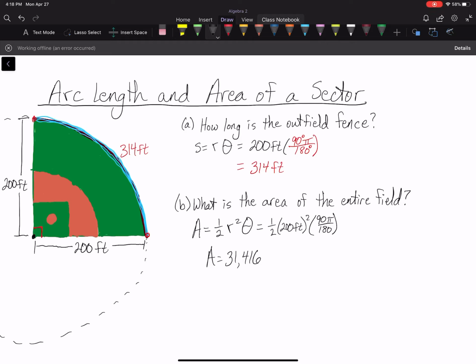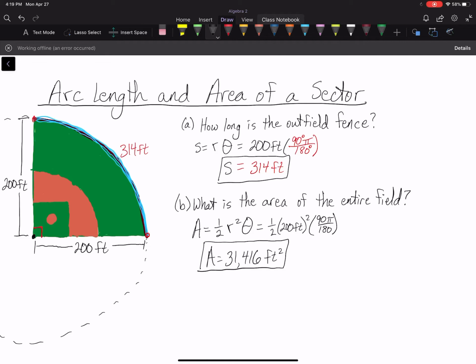And since this is area, it is in square feet. 31,416 square feet. And again, that's also rounded. So our arc length is 314 feet rounded. Our area is about 31,416 square feet.